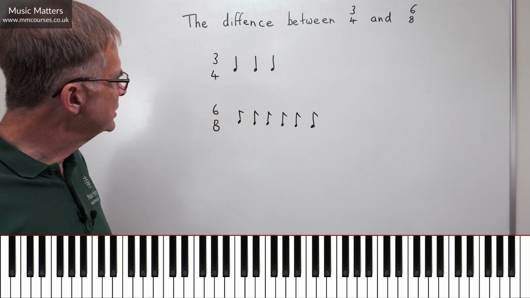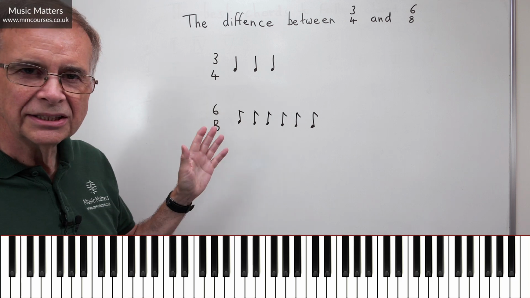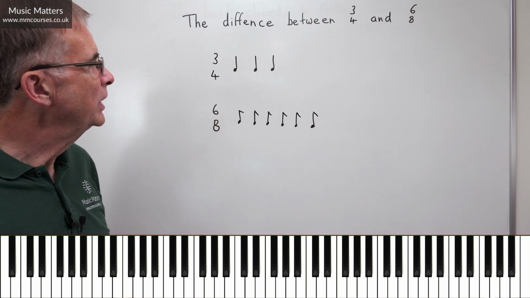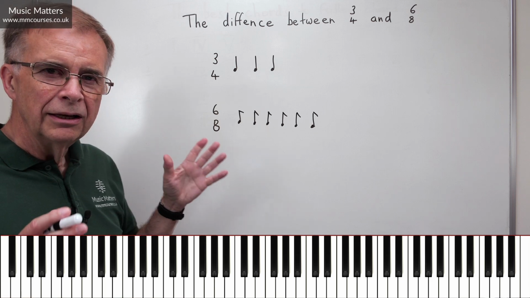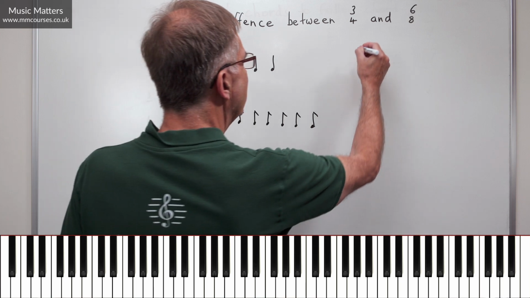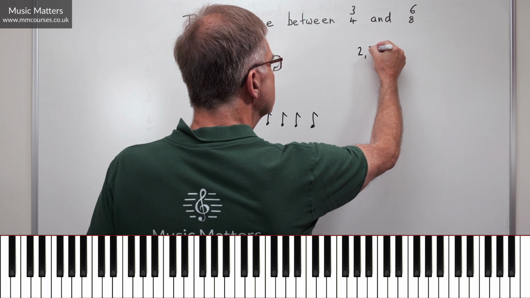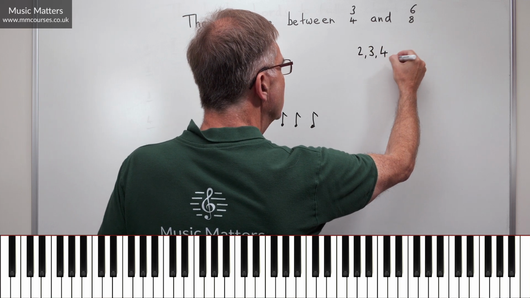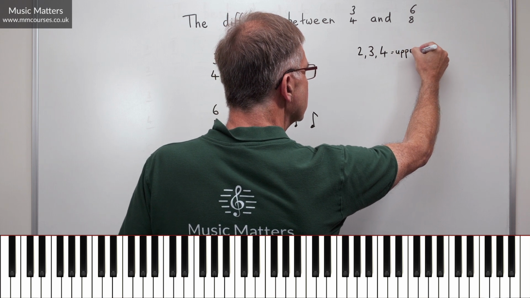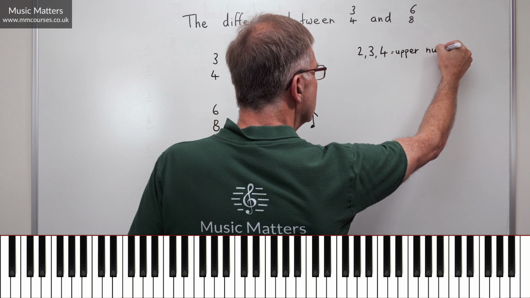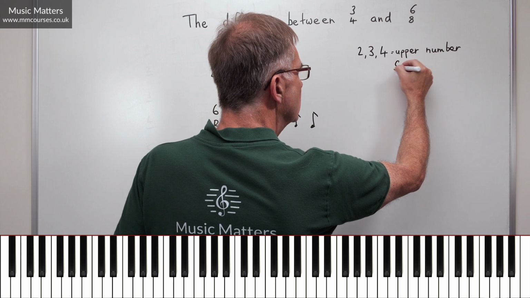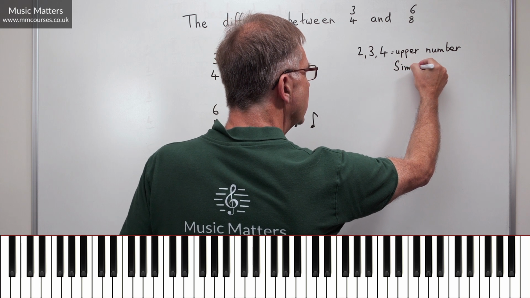Because 3/4 is a simple time and 6/8 is a compound time, there's a difference in the way that we have to handle it. For now, I hope you can just accept this from me. If you have 2, 3, or 4 as the upper number, that is what we call simple time.